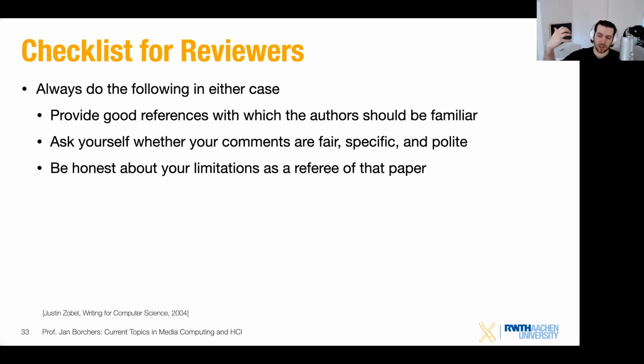But then you need to honestly write in your review that you are not able to review the methodology they use because you're not familiar with it. Then it's up to the other reviewers, or the main reviewer, to see whether they need to find a different reviewer for this, if it is so important to review the methodology, or an additional review.